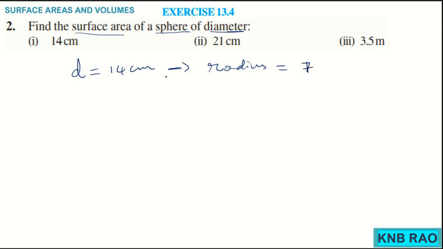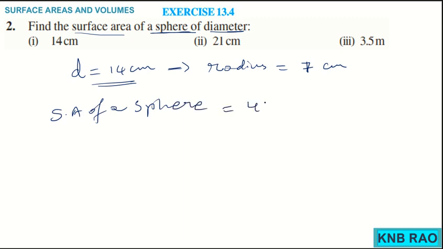So, 7 will be the radius of that sphere. Okay. So, remember children, diameter of a sphere is given, we can find the radius, and from that surface area of a sphere, 4 pi r square formula further can be used.